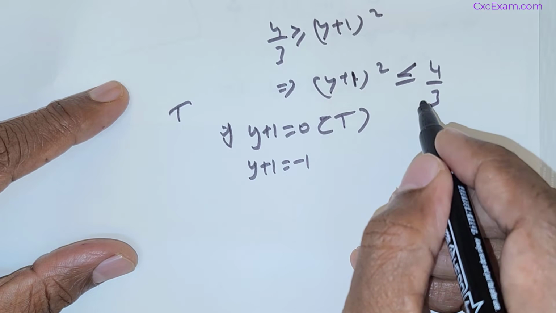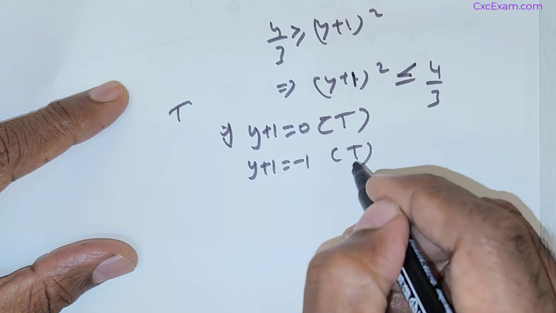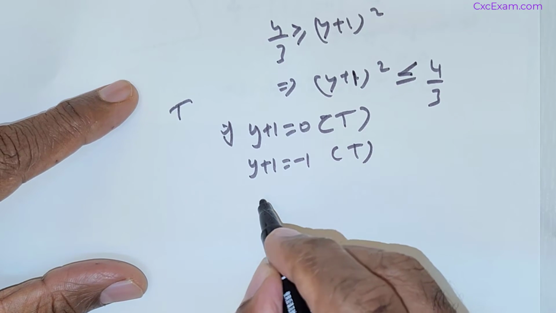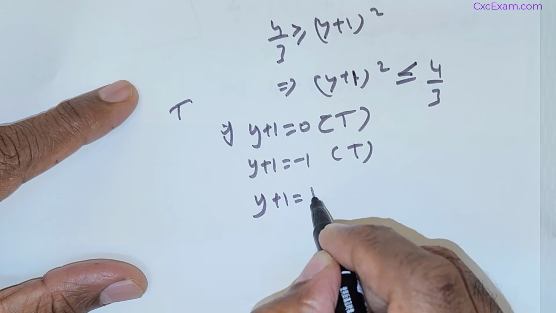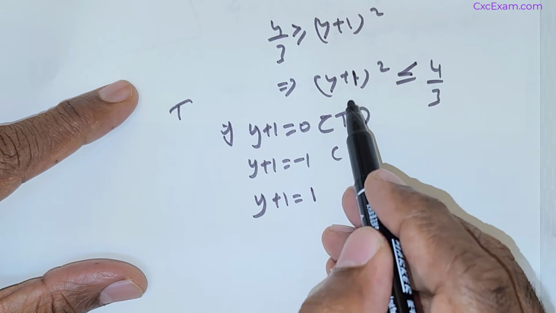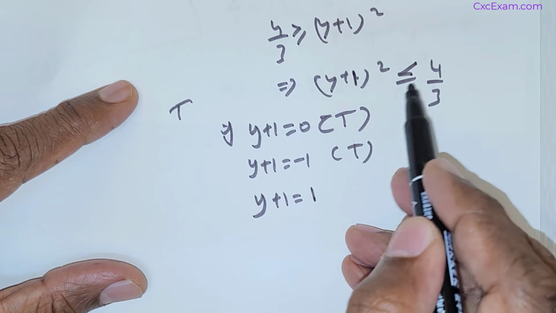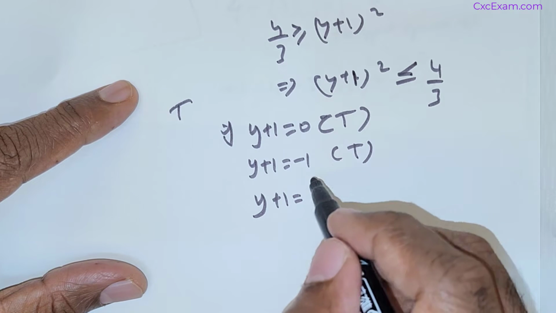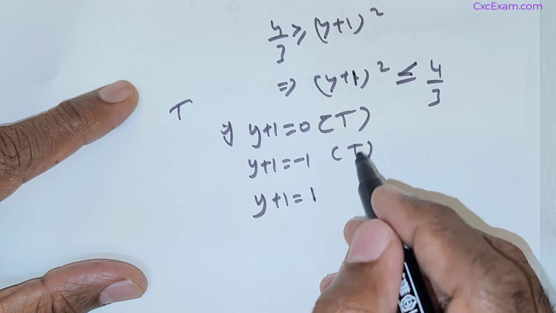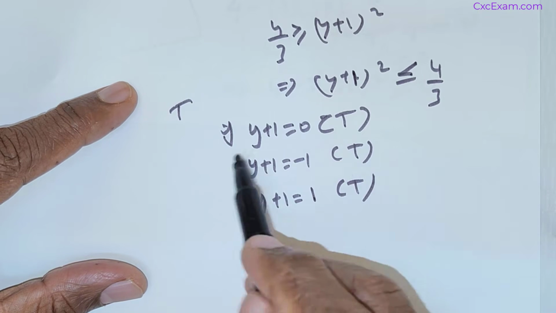So if you substitute negative 1, clearly the system is true. Now if I substitute y positive 1 is equal to 1, is the system true? 1 squared is less than or equal to 4 over 3, right? So it is also true again.